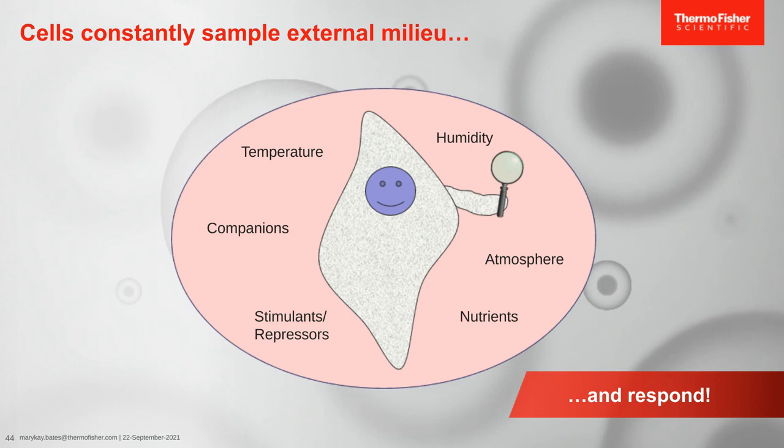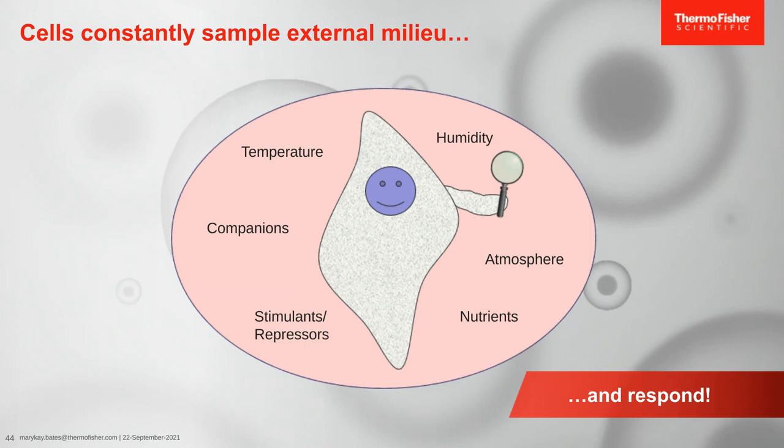So cells constantly check their surroundings. They're constantly measuring temperature, humidity, gas concentration. Are there enough nutrients in the growth medium? Am I stimulated to divide, or am I experiencing a repressor that tells me to enter senescence? Am I touching other cells, or is there room for me to multiply?